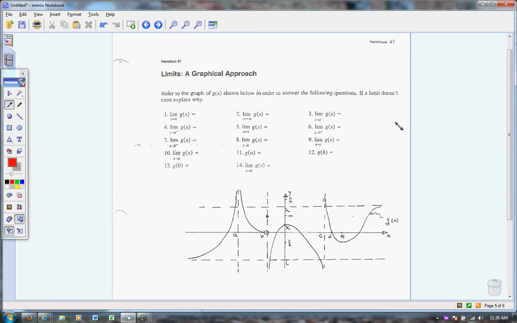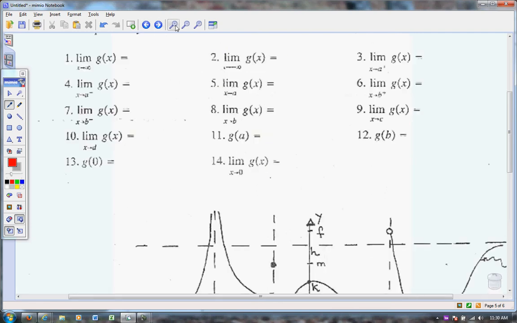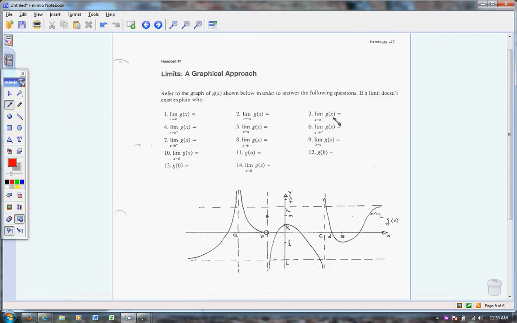Number one says the limit as x approaches infinity. So this is where we are looking at function values. All right? So what is happening to this function value as we approach infinity?